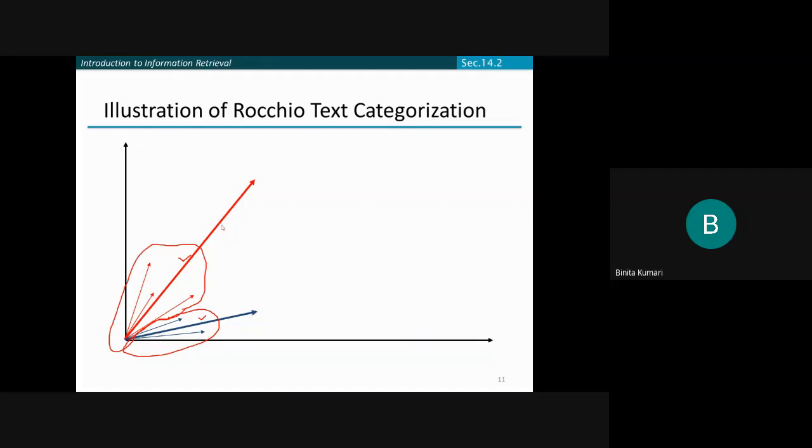So now we have two centroids, one for each class. Now suppose this is my test document. A new document is there, and I need to decide which class this document will belong to, red class or blue class.